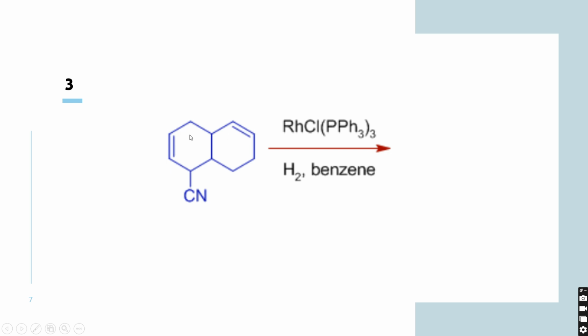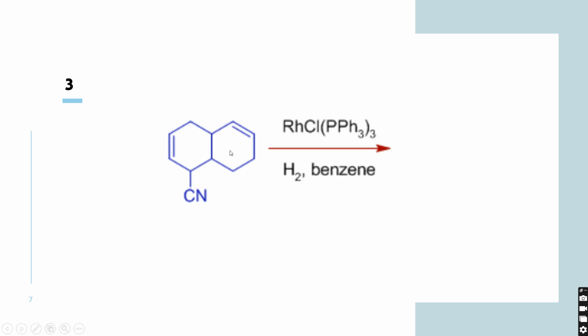One is adjacent to the cyanide group. This is the left side double bond, and this is the right side double bond. So if we reduce it with Wilkinson catalyst, can you guess which double bond will be preferably reduced? Left side double bond. Yes, very good.